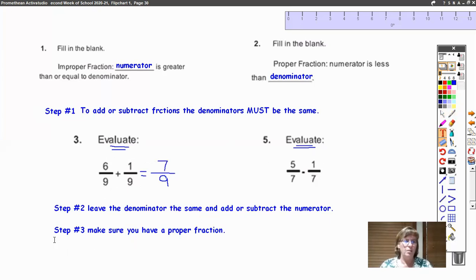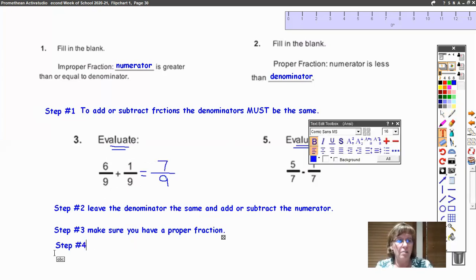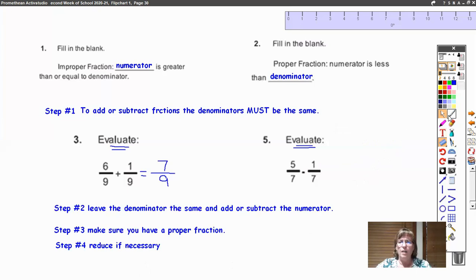The other thing we need to make sure also, and actually it doesn't matter step 3 or step 4, you can do it in either order, but reduce if necessary. Okay, you're not allowed to have non-reduced fractions, so if they can be reduced, you must reduce them, okay? But if we take a look at this, I think this is fine. 7 and 9 have nothing in common, so they can't be reduced. And it's not improper because the numerator is not larger than the denominator.